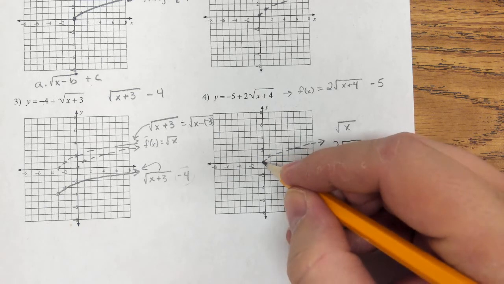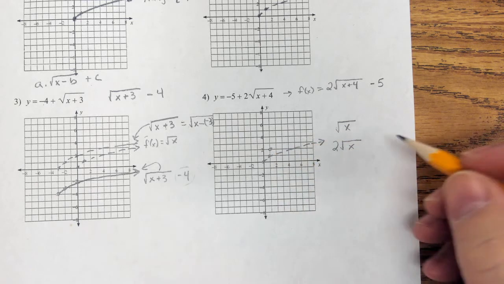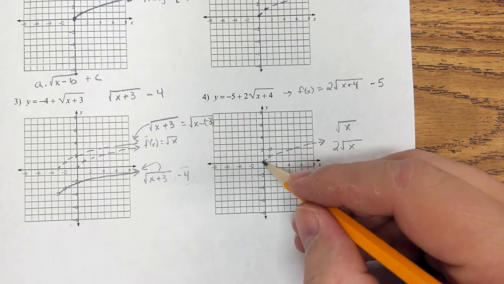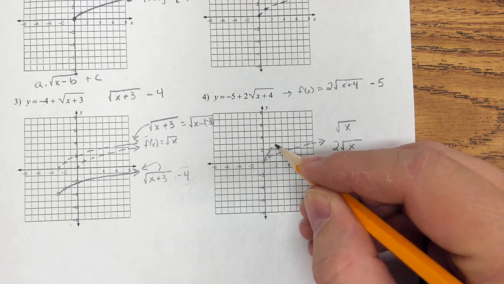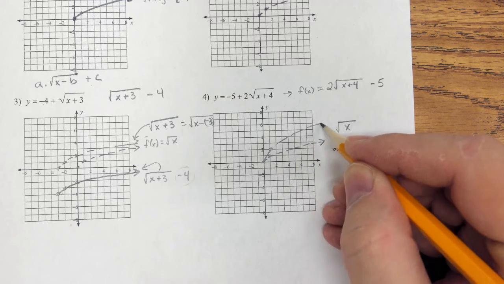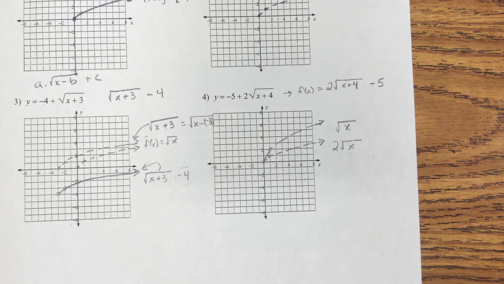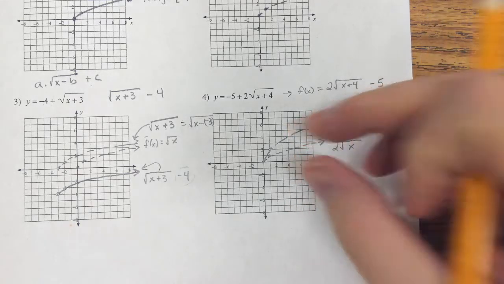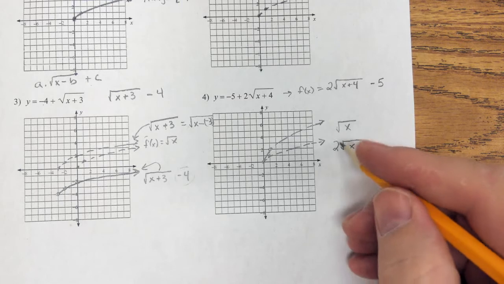So the 0 is going to stay where it is, but the 1 is going to be here at 2. So now you can see that this thing is just getting taller. Getting much taller. It's been stretched up a bit. It's widened out quite a bit. Okay, that's all this number does.